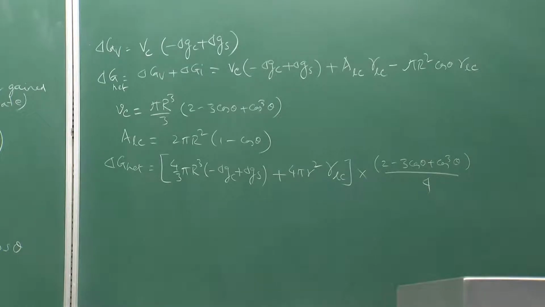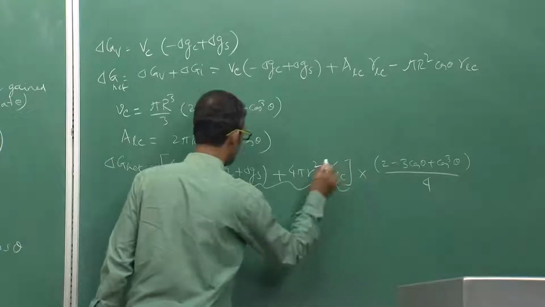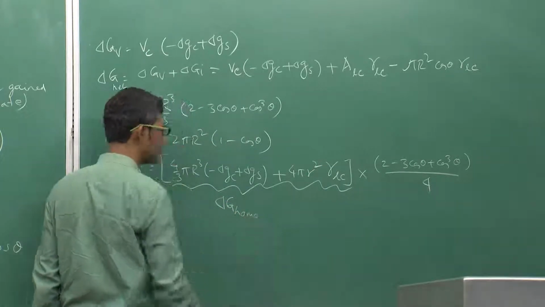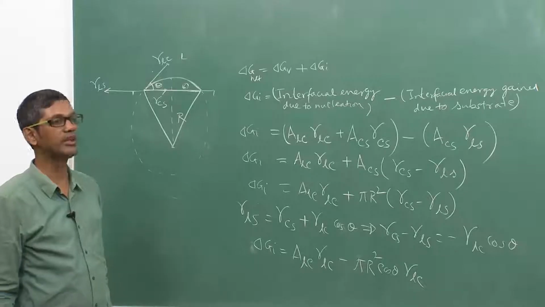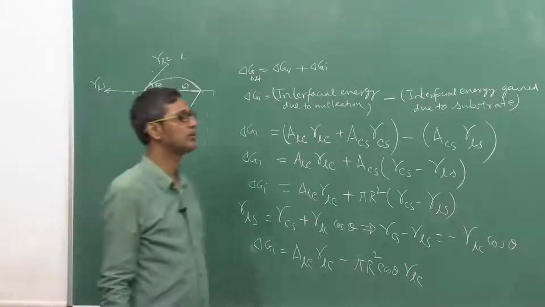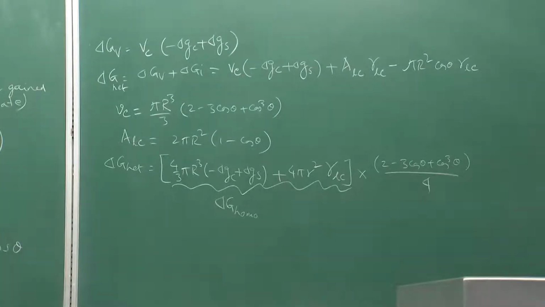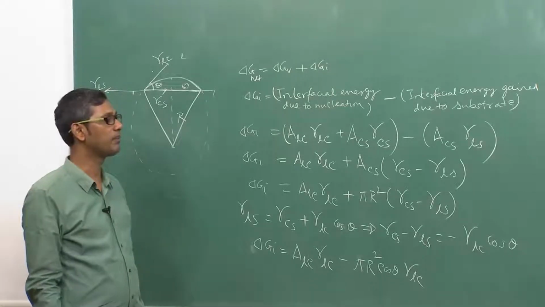So what do you get? You get that this is basically nothing but delta G homogeneous nucleation. Therefore, the factor which comes into the picture when you do the calculation for heterogeneous nucleation is the (2 minus 3 cos theta plus cos cubed theta) by 4. That is the main difference which makes heterogeneous nucleation so potentially important in actual applications.